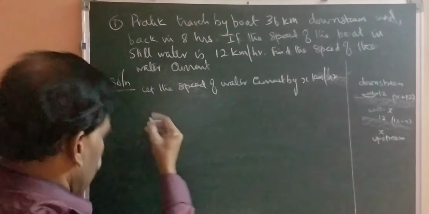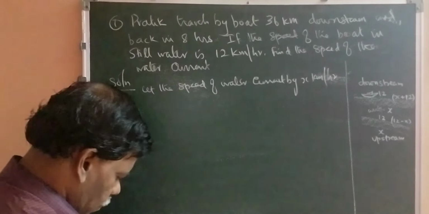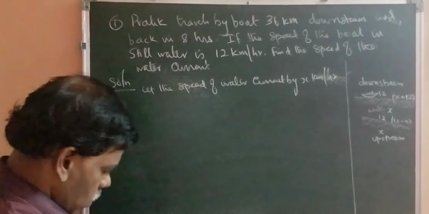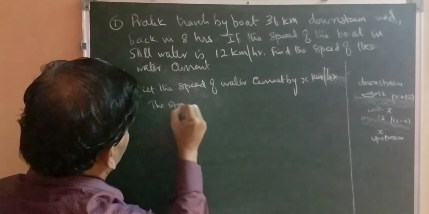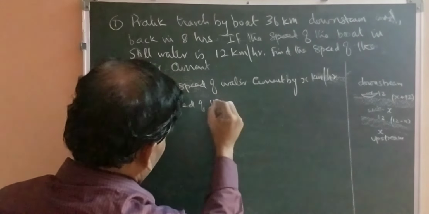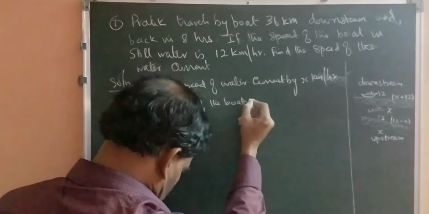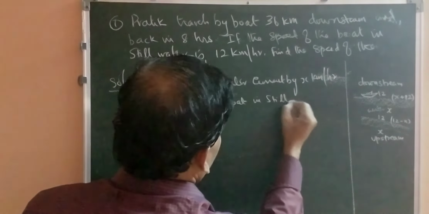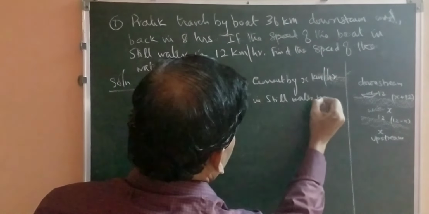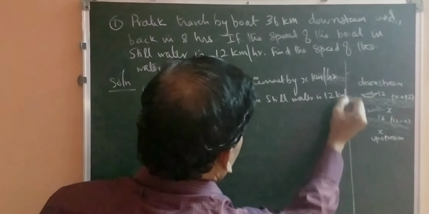That means you can write the speed of the boat in still water is 12 kilometer per hour.